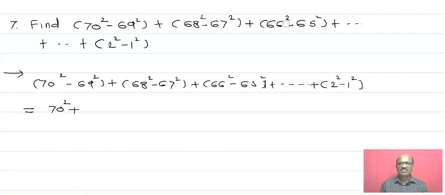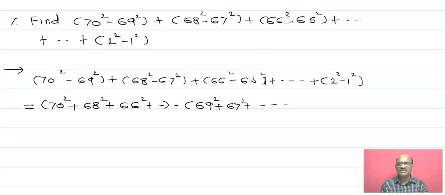Now we'll make separate terms: 70 square plus 68 square plus 66 square and so on, minus 69 square plus 67 square plus 65 square and so on to the last.